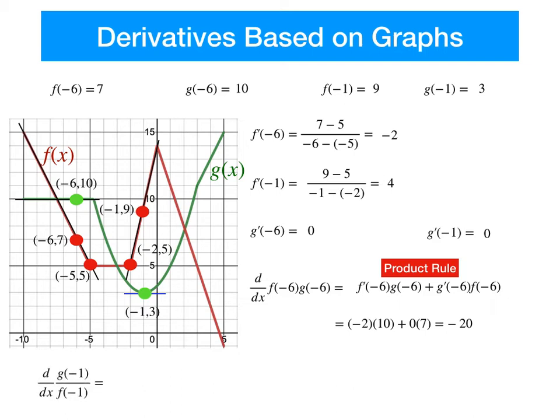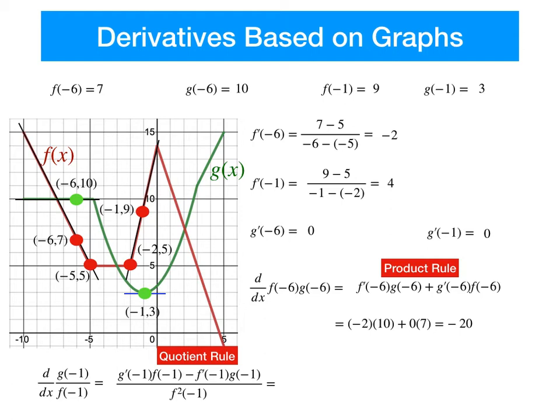We use the product rule to find this derivative because we have a product of the two functions. What about the derivative of a quotient, g of negative 1 over f of negative 1? So the derivative of g over f at x equals negative 1. We have a quotient, so we should use the quotient rule. You take the derivative of g times f minus the derivative of f times g, divided by f squared of negative 1.